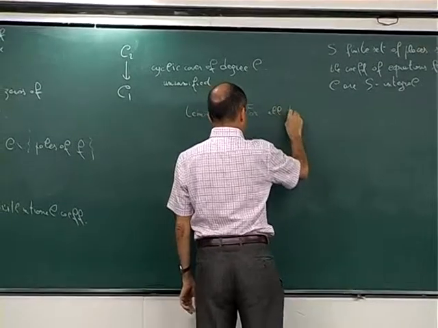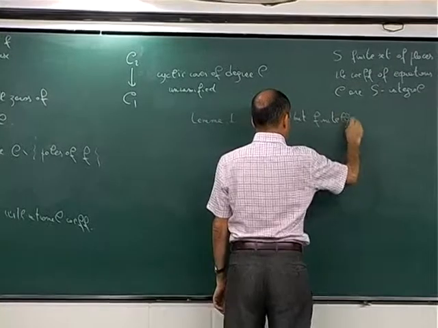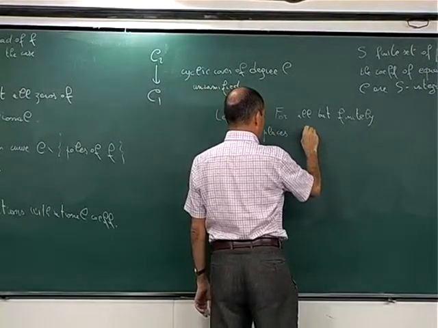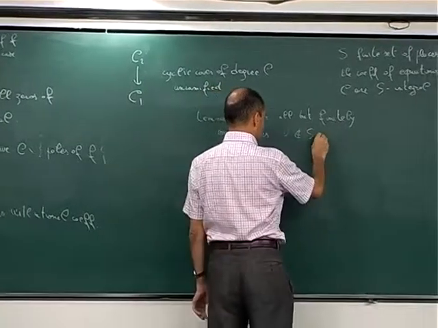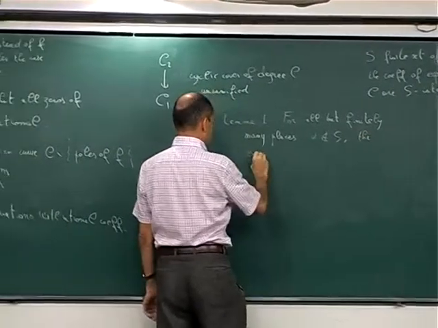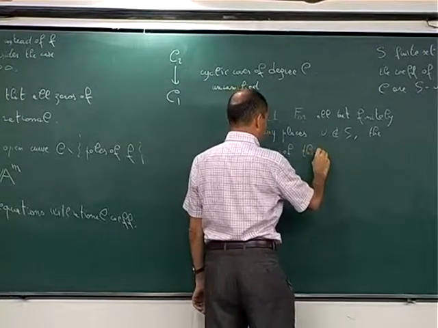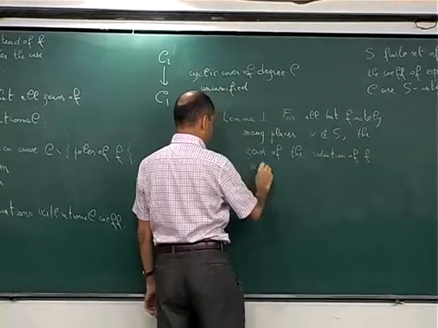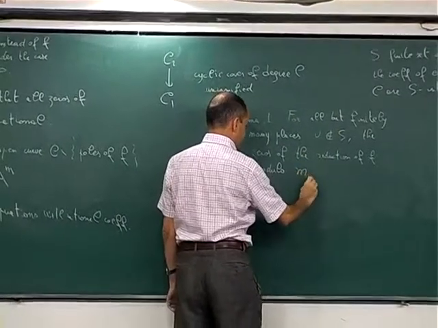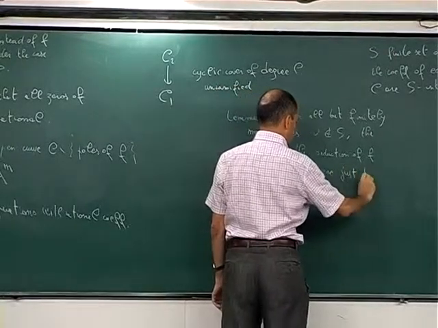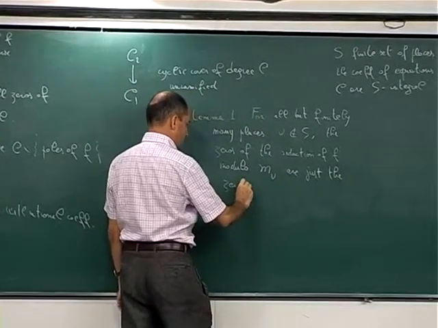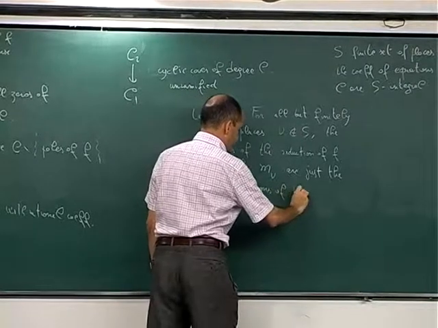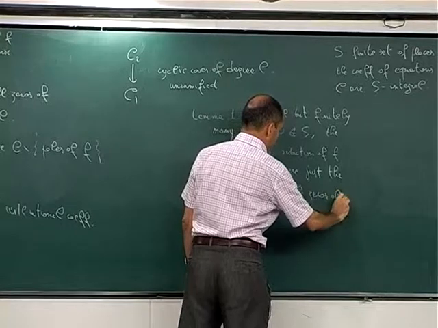For all but finitely many places outside S, the zeros of the reduction of f modulo the maximal ideal are just the reduction of the zeros of f.